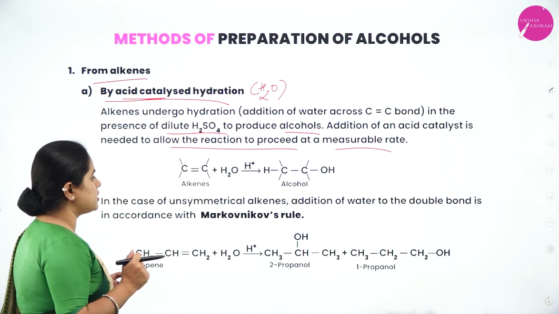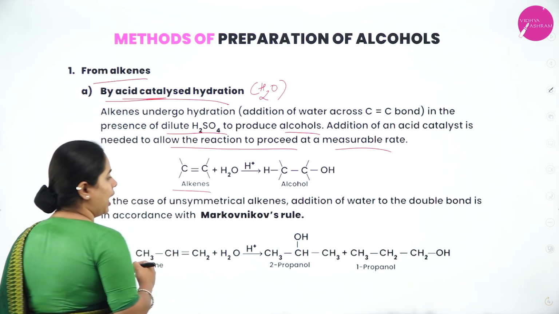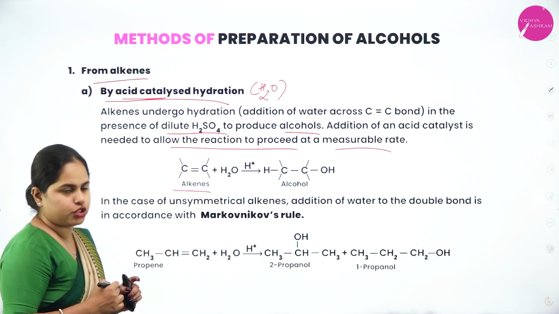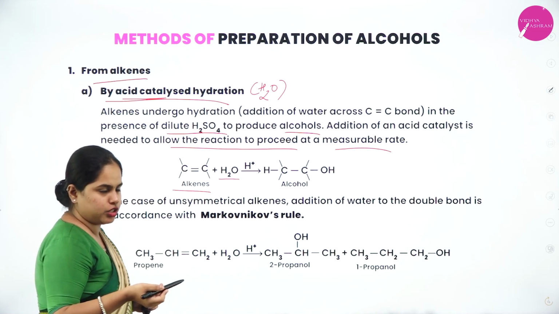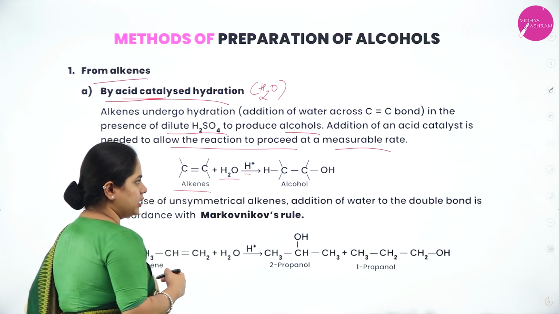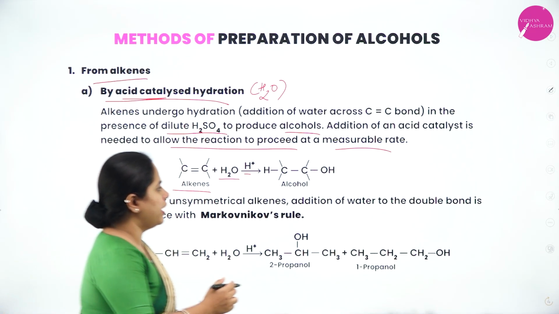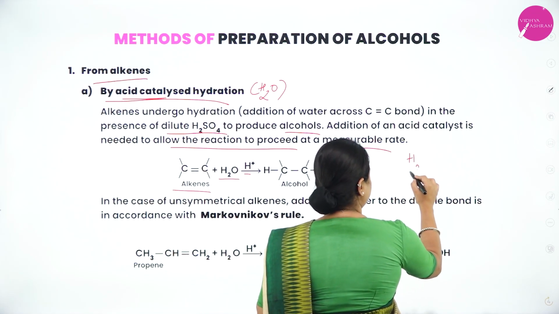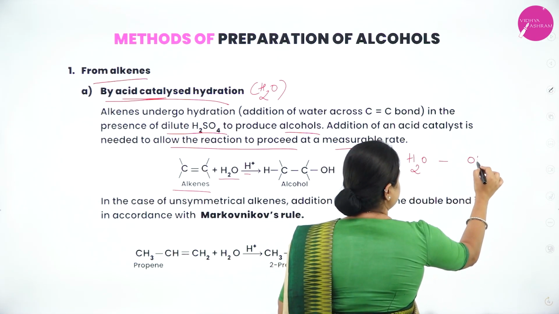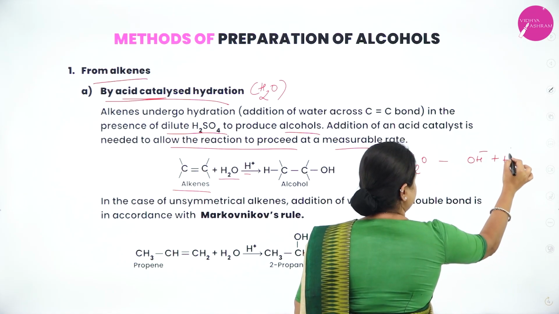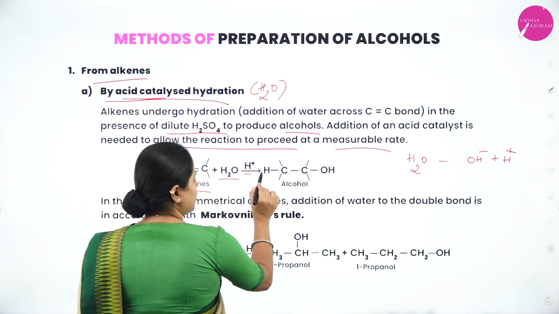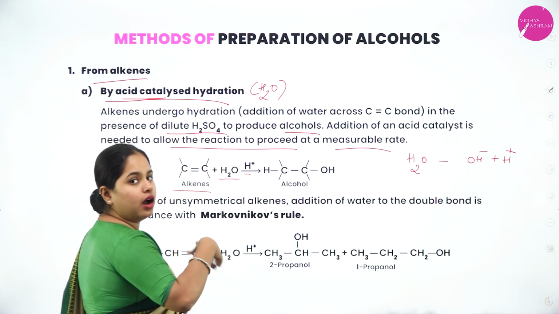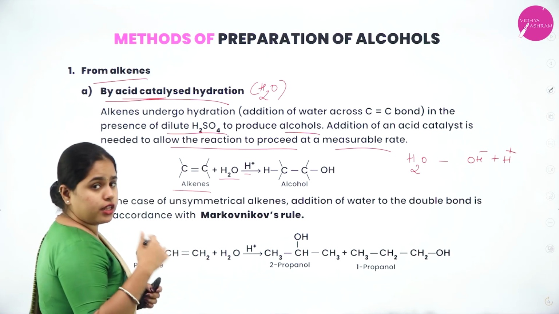Now let's take the reaction shown here. This is an alkene, a general representation, to which water is added. Hydration is taking place in the presence of acid. H2O consists of H plus and OH minus. The hydrogen gets attached to one carbon atom and the hydroxyl group gets attached to the other carbon atom.